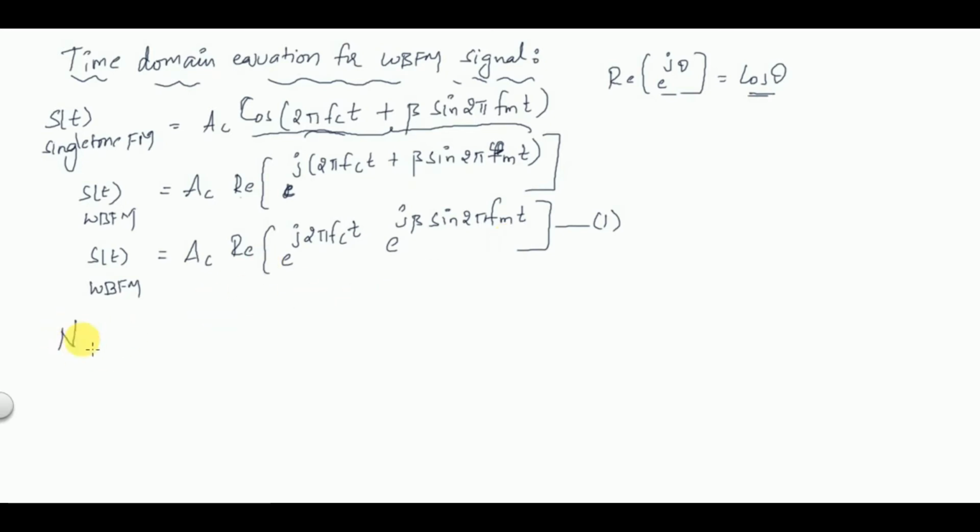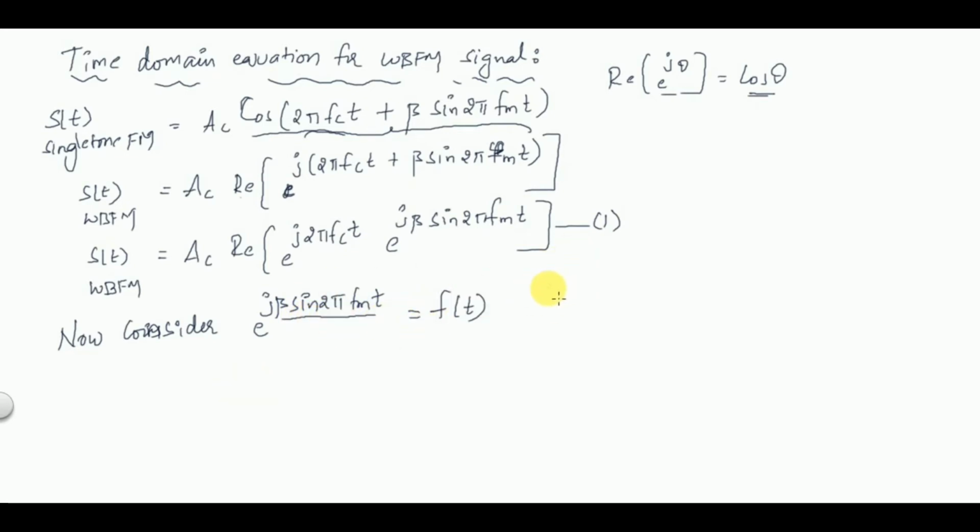So now consider the signal e power j beta into sine 2 pi FM into T. Let this be a signal f of t. This is of the form e power j theta, so it is a periodic signal.